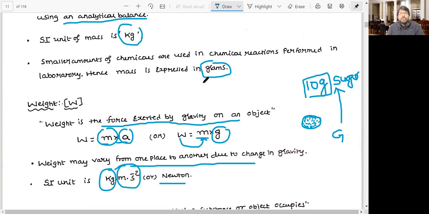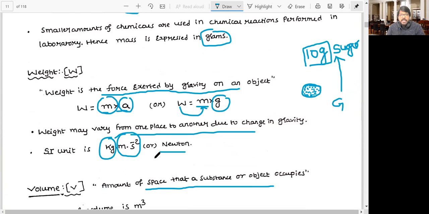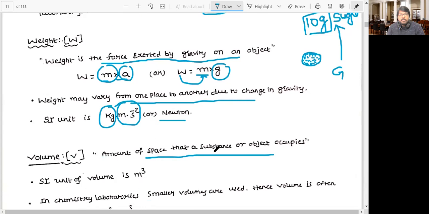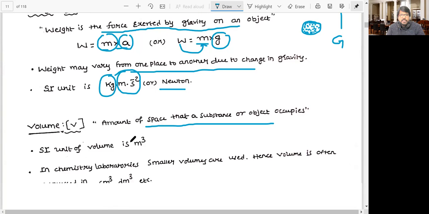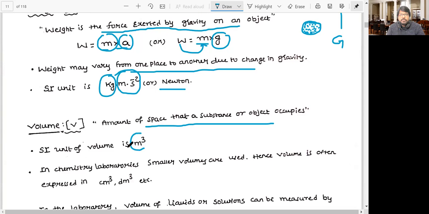That is called volume. So the amount of space that a substance or object occupies, how much space it is occupying, that is called volume. And what is the SI unit of volume? Meter cube.